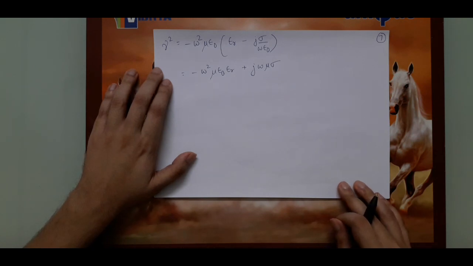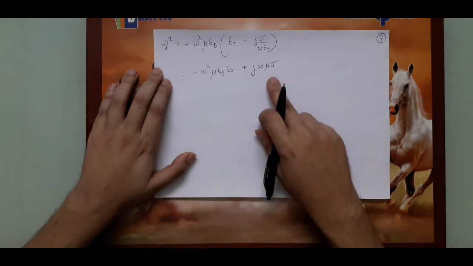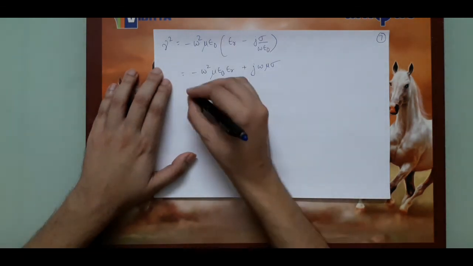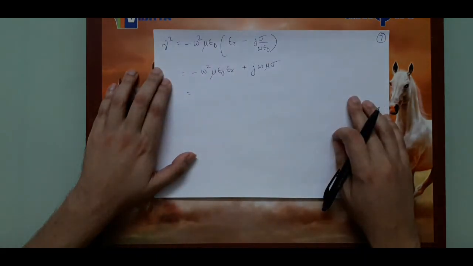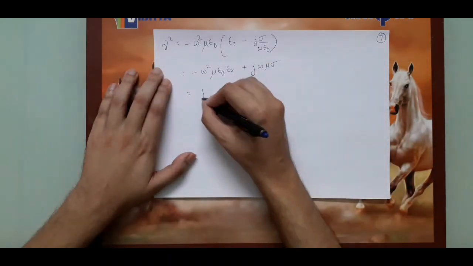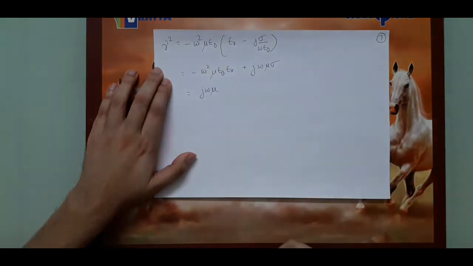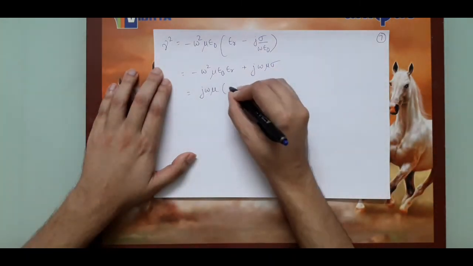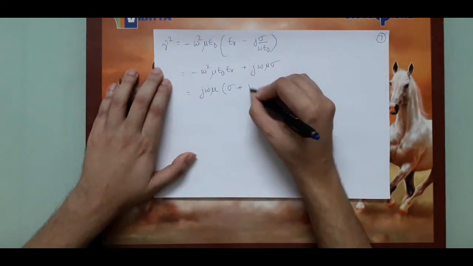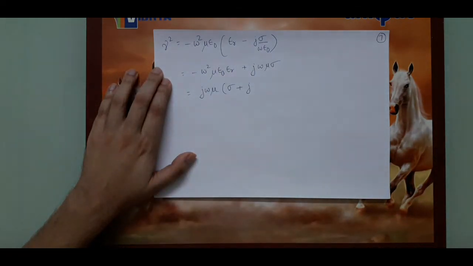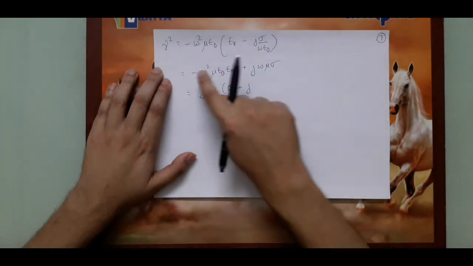So what we are seeing now is that this gamma square becomes this complex quantity, and if I now take j omega mu common, what I will get is sigma plus j, and I can take a j common here because omega and mu are both here.